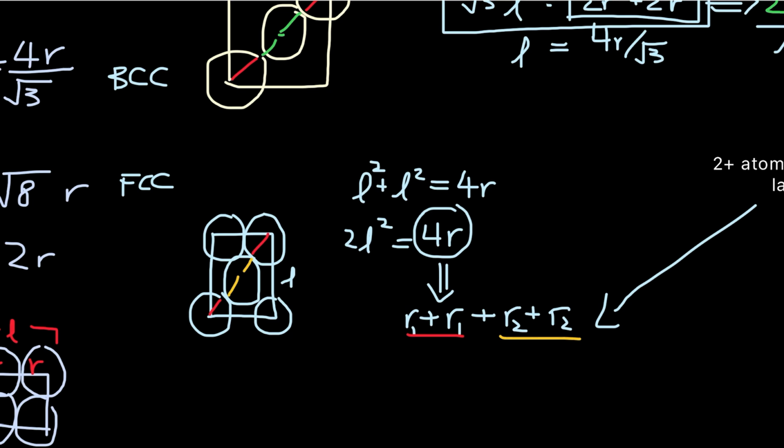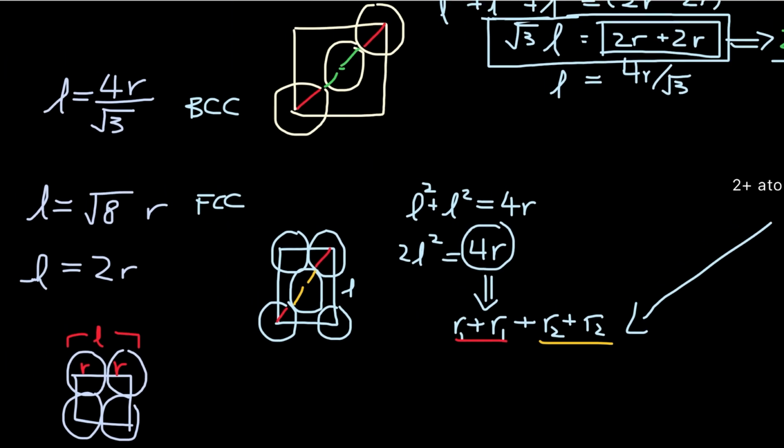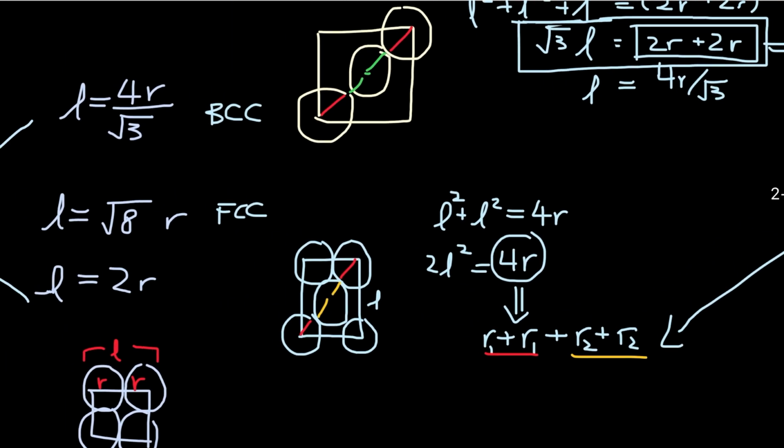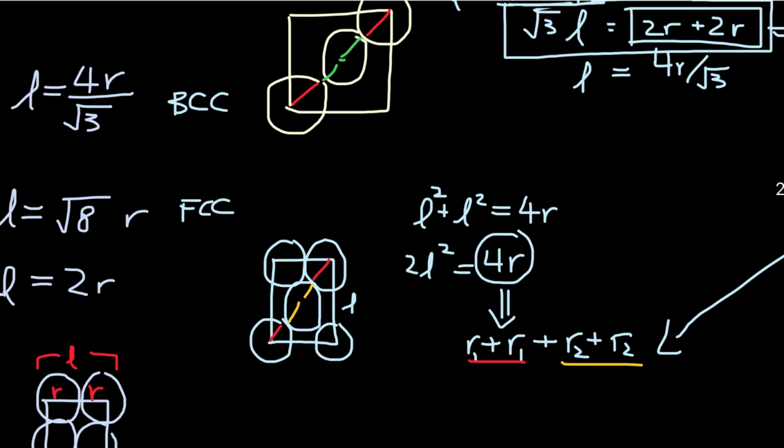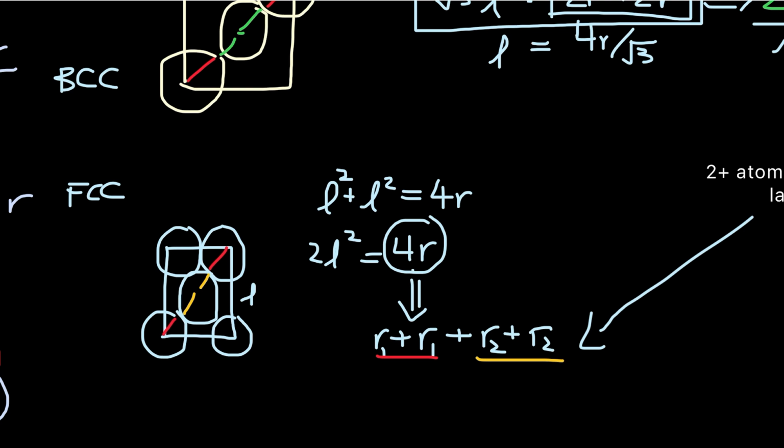So having derived this part, we can then do some dividing and cubing and square rooting to get this. But this 4r is assuming that all of these atoms are the same atoms, so all of these lines would have the same radius, which is not the case in our situation.